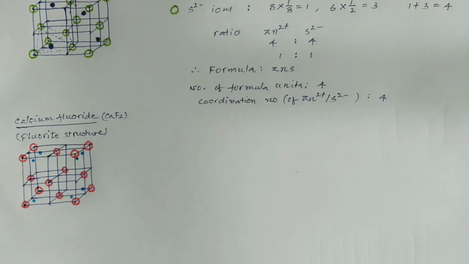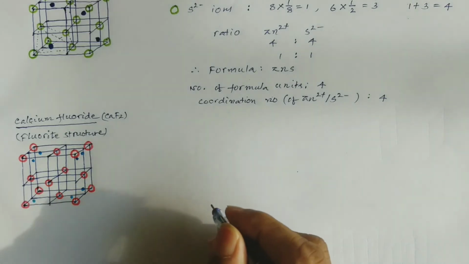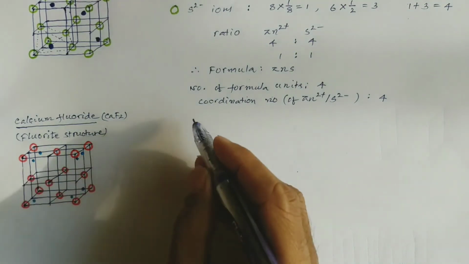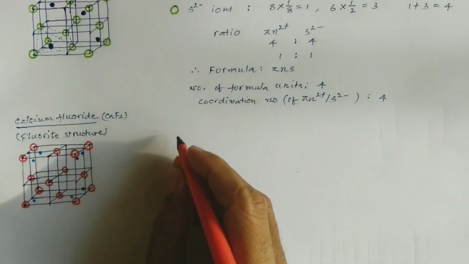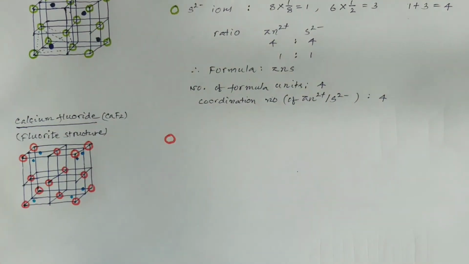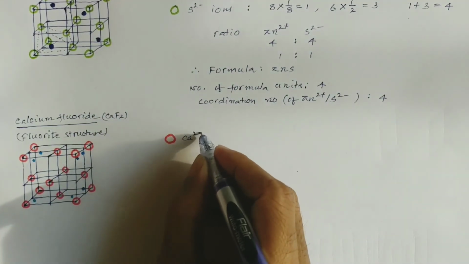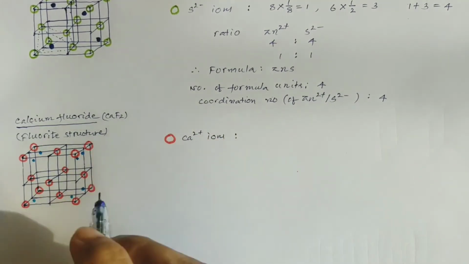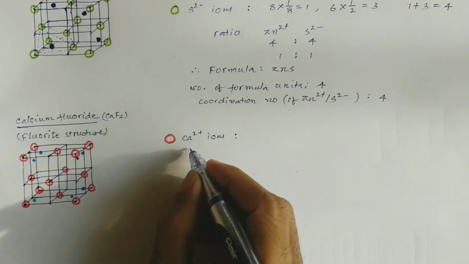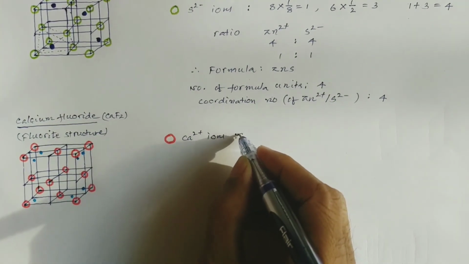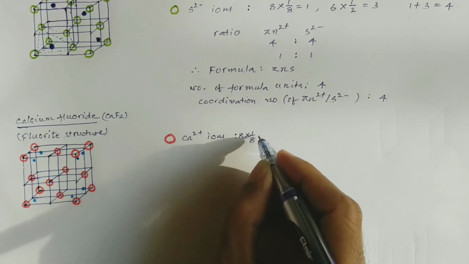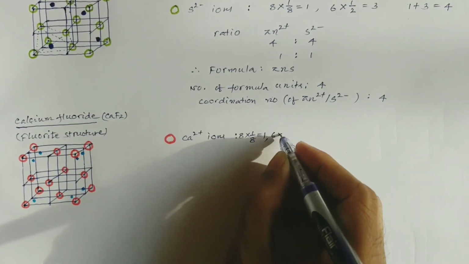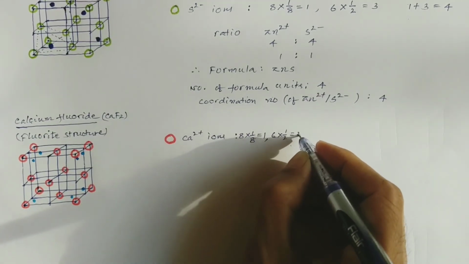So let us calculate the contribution or effective number of ions present per unit cell. Okay, so calcium ions, they are present in 8 corners, 8 into 1 by 8, so that will be equal to 1, and 6 faces, 6 into 1 by 2, so that will be equal to 3.